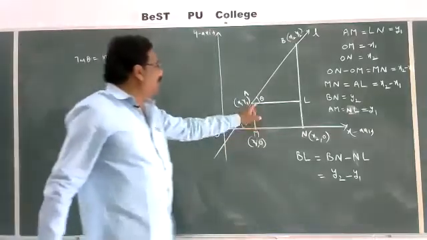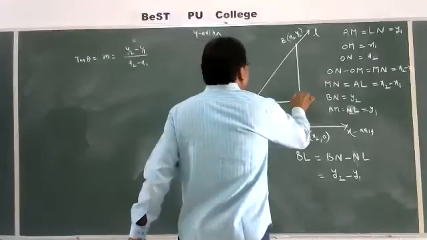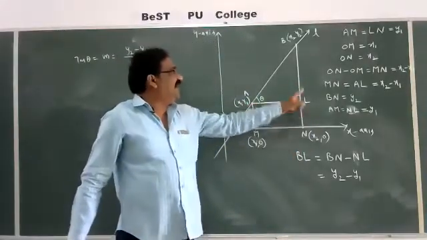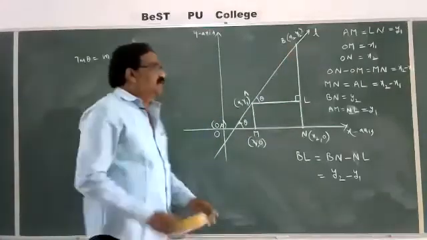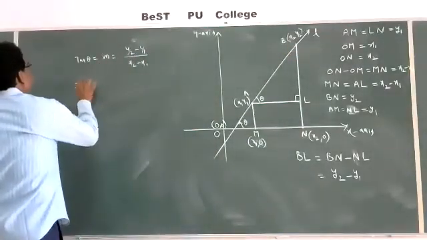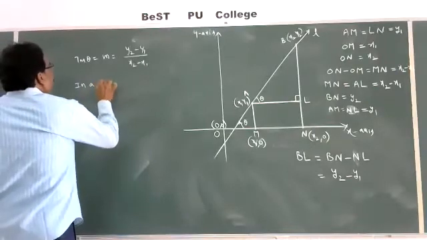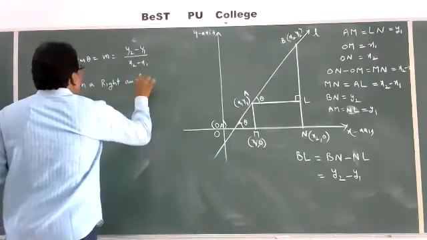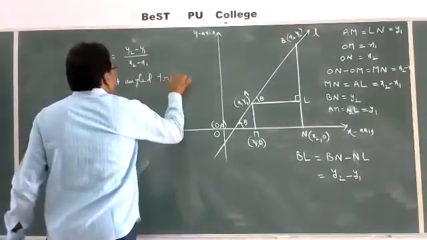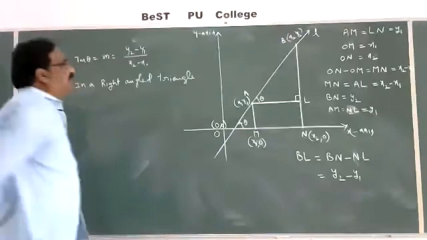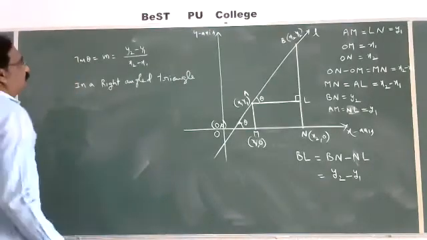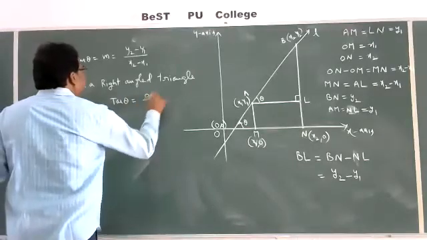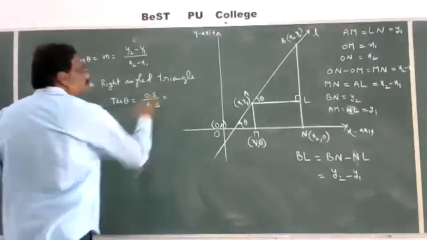Observe this right angled triangle ALB. In a right angled triangle, tan theta is equal to opposite side by adjacent side.